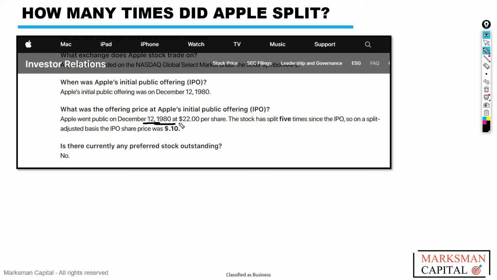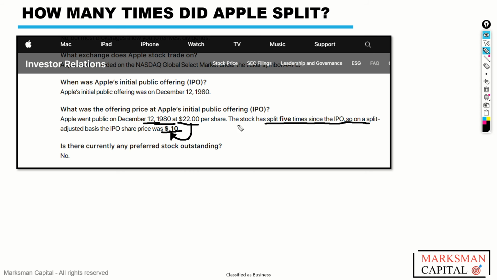It was IPO'd, initial public offering, around 22 dollars per share, and it has split 5 times since the IPO. So now they have adjusted the initial list price down to 10 cents.